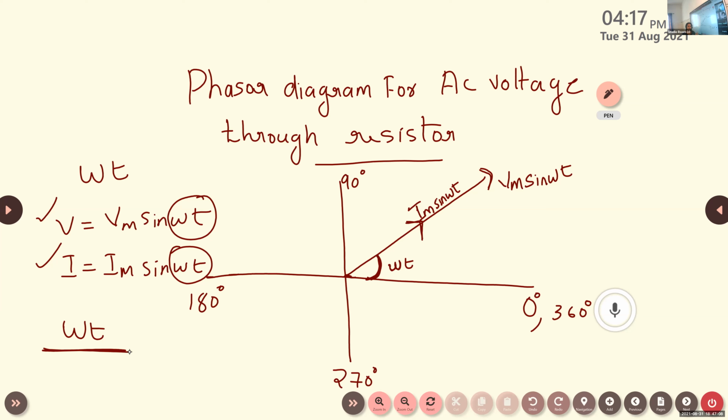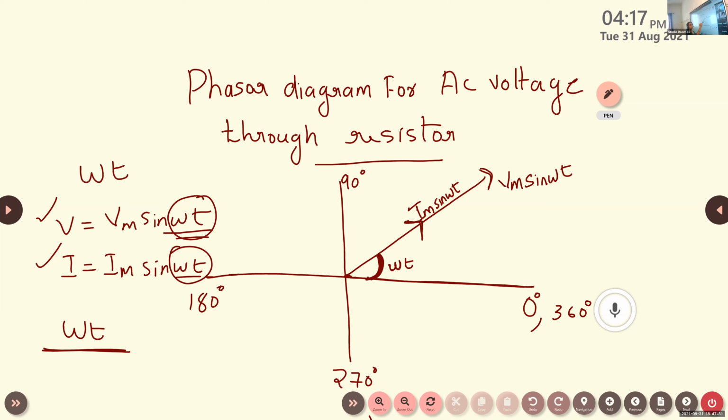A phasor is a vector that rotates about the origin. Here the origin is 0, so the phase angle rotates from 0 degrees through a particular angle equal to omega t. In both cases, the phase angle is omega t, so the alternating voltage and the alternating current are in the same phase.